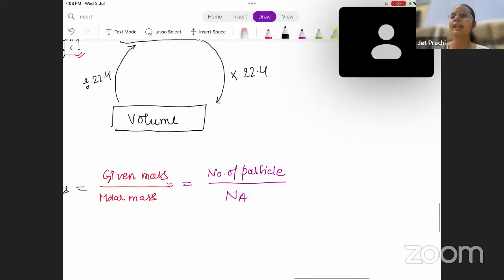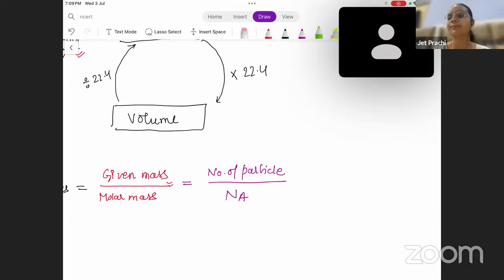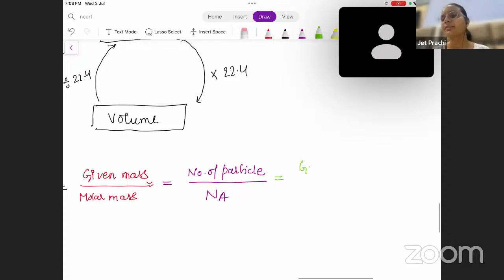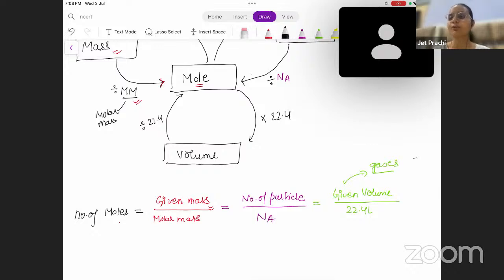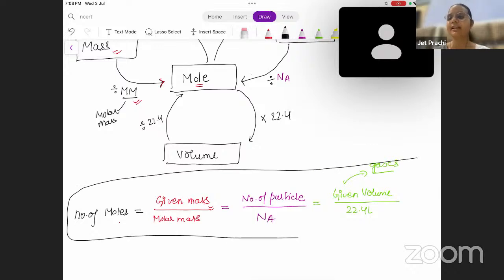So from here, what I can write is that if I am given some volume, then I have to divide it by 22.4, and this is true for gases. This applies to only gases. So this is the way I can find the number of moles, and vice versa.